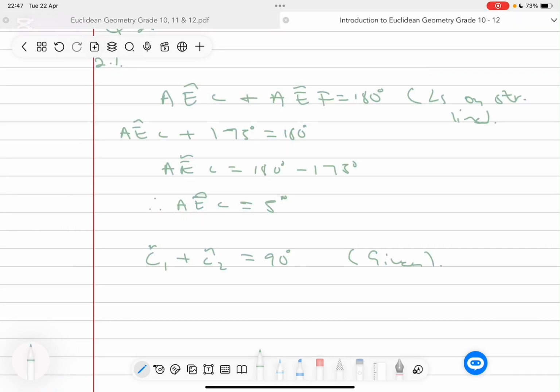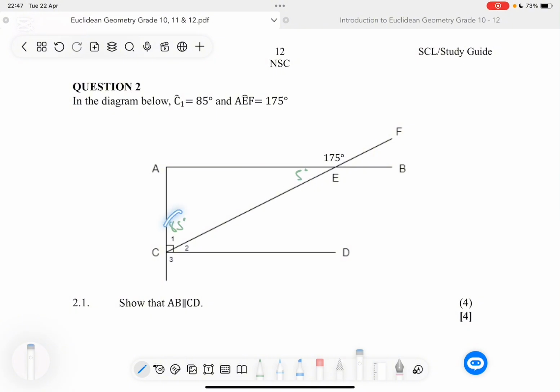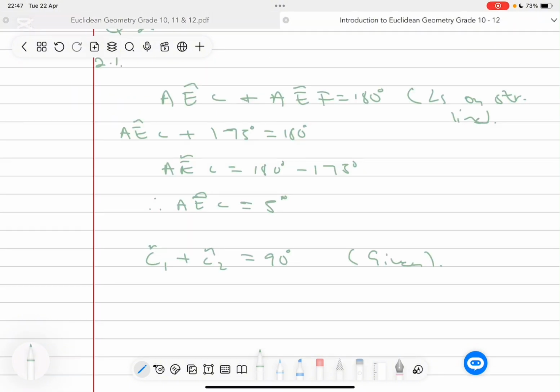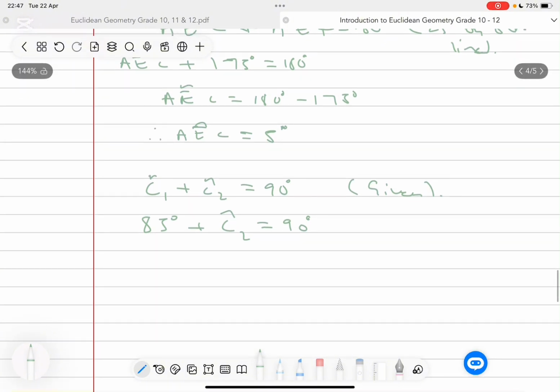However, we know that angle C1, this one here, is actually 85 degrees. So this is 85 degrees plus angle C2, which should be equal to 90 degrees. So this means angle C2 is equal to 90 degrees minus 85 degrees.